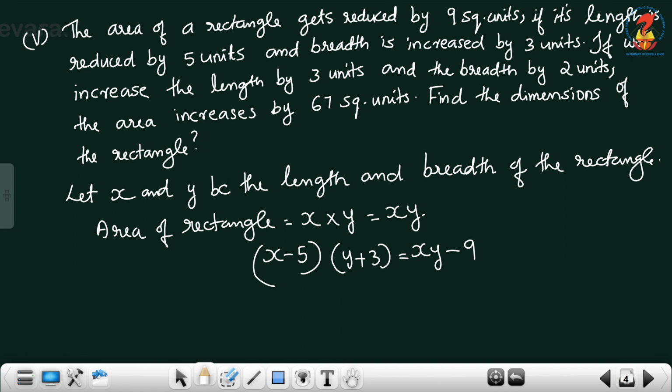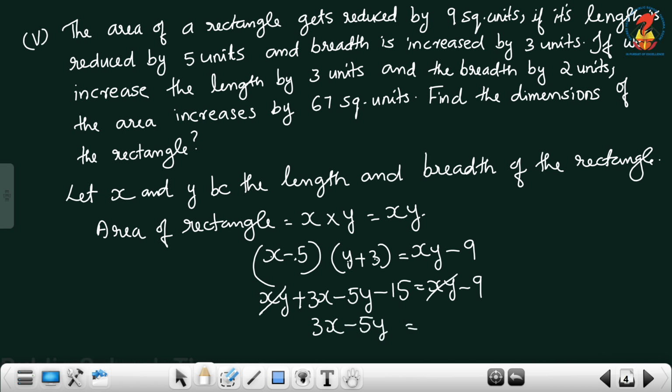Okay, open the bracket, multiply the binomials: x into y, xy, x into 3, plus 3x, minus 5 into y, minus 5y, minus 5 into 3, minus 15, equal to xy minus 9. xy and xy both are cancelled. 3x minus 5y equal to 9 minus 9, minus 15 become what?